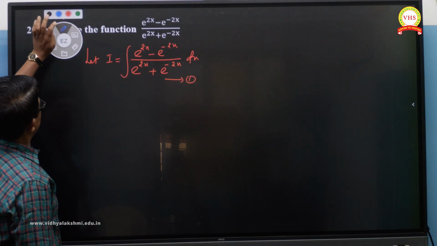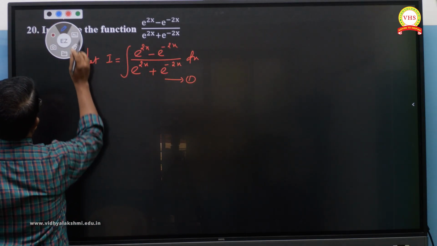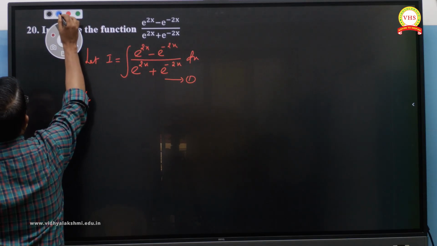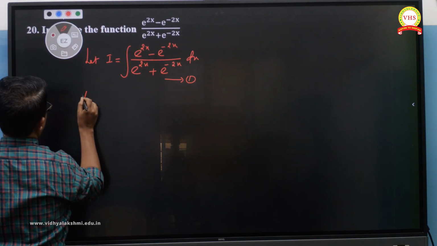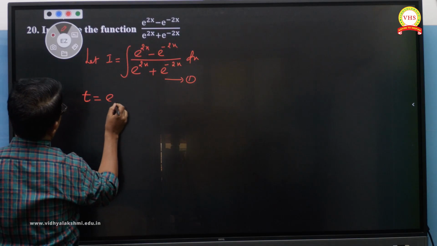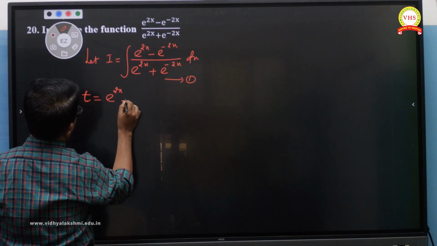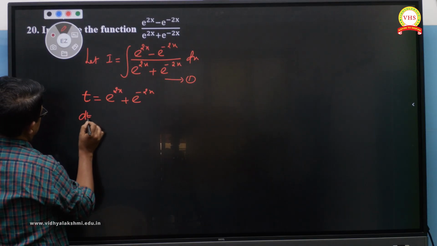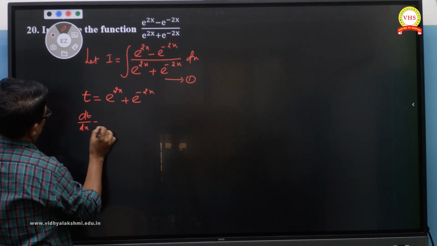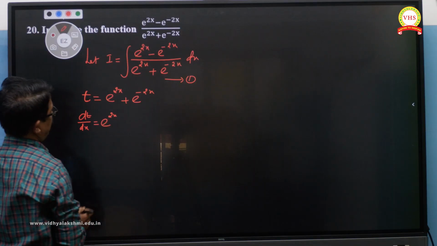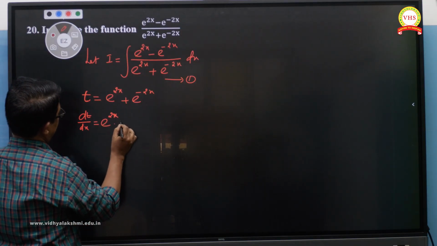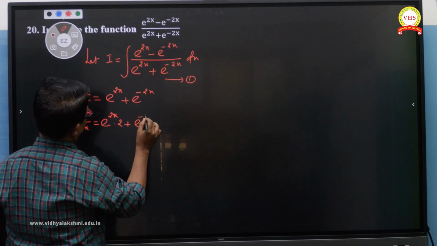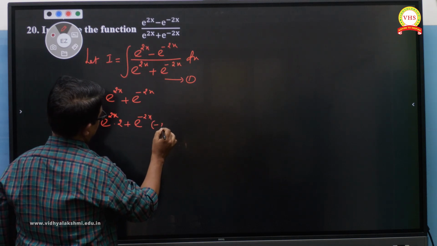Now we are going to substitute t equals e^(2x) plus e^(-2x). Now differentiate: dt/dx equals e^(2x) times 2 plus e^(-2x) times minus 2.